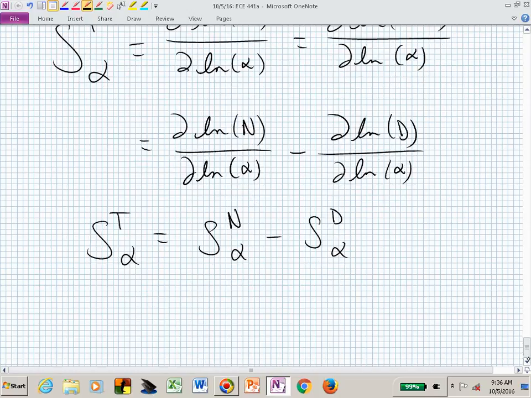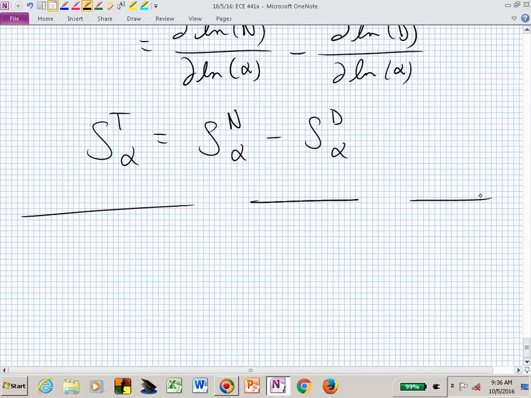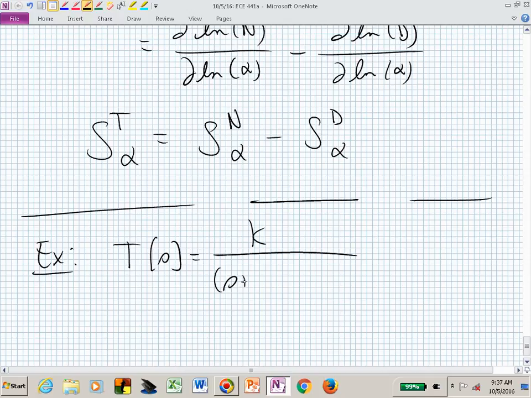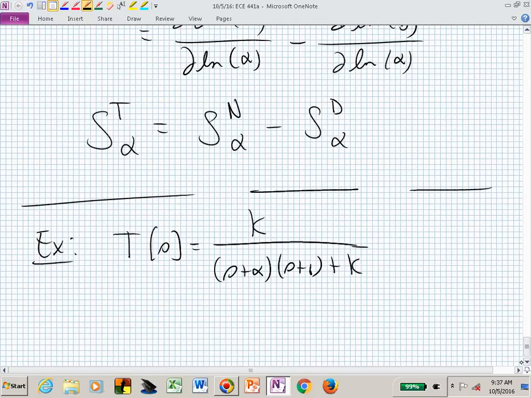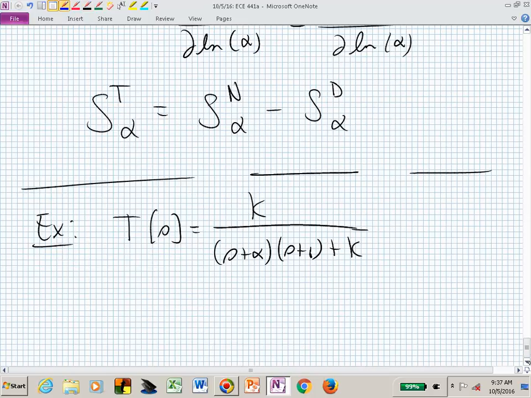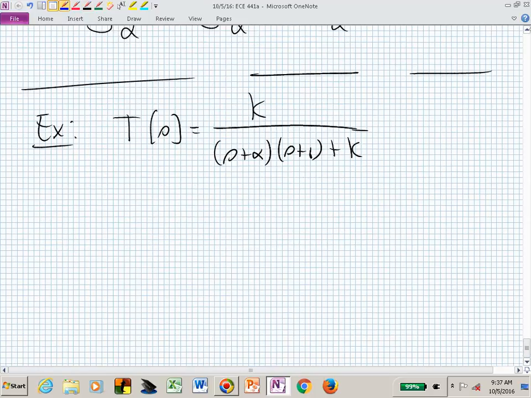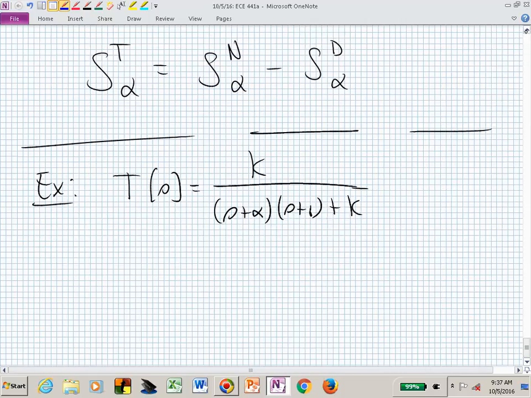Let's apply that now to our transfer function that we had before. Our T of s we calculated was K over (s plus alpha)(s plus 1) plus K. We're just computing the sensitivity of that closed loop transfer function with respect to alpha a different way, and now we have to do two different computations.